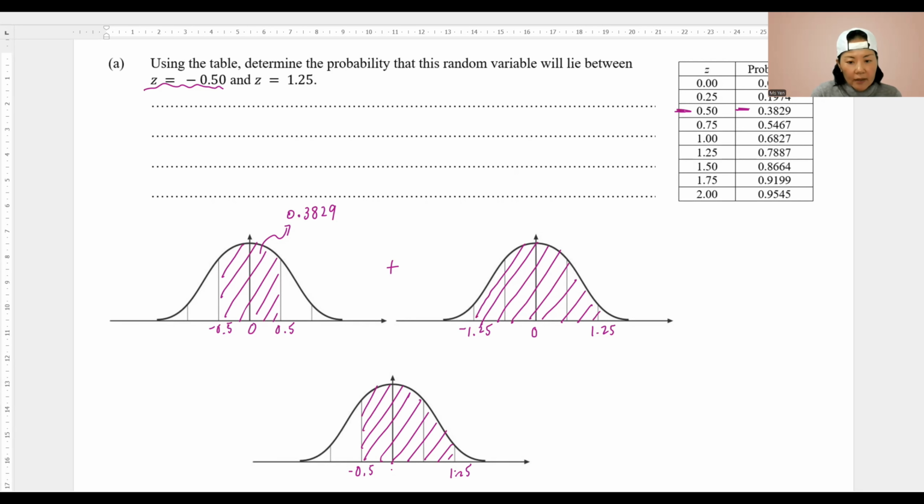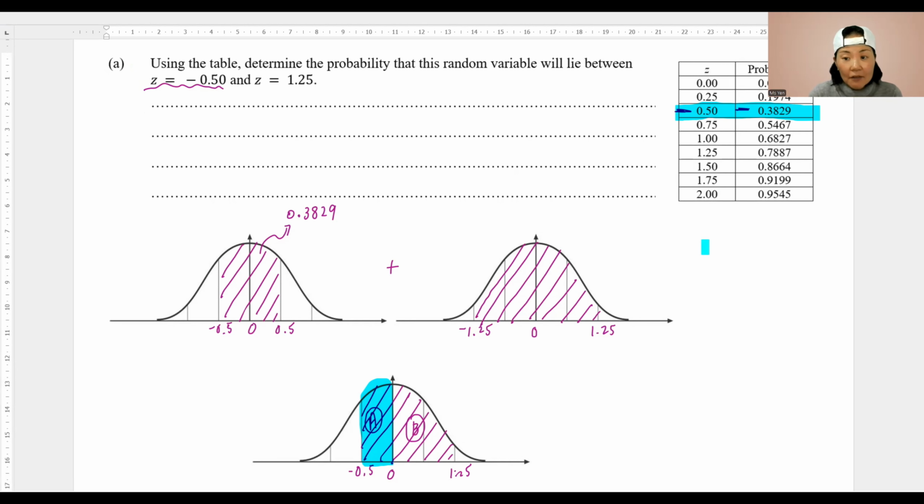So when you look at this, you can tell that my probability is half of z-score 0.5, which is this part, I'm going to call it A, and then half of my z-score 1.25, I'm going to call this B. So this is my half of when z-score was 0.5.